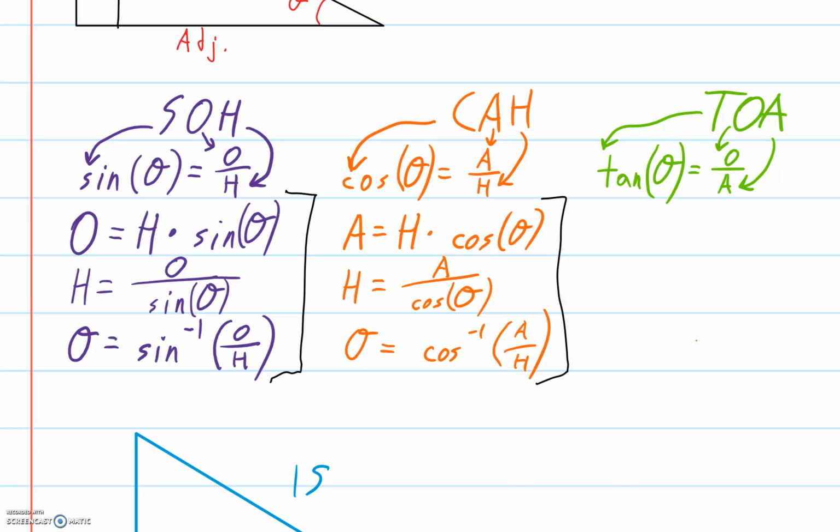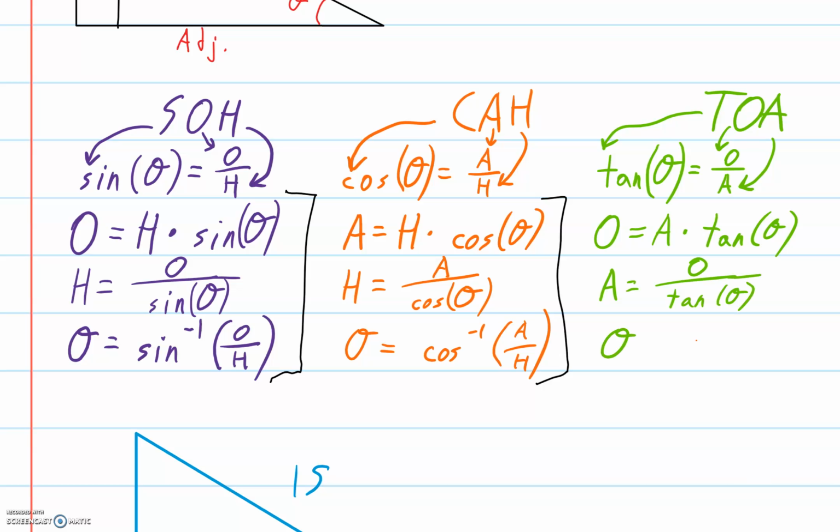Now looking at the tan option, if we do the same thing and leave O on top and multiply A on both sides, then we get A times tan theta. Our next option is A equals opposite over tan theta.